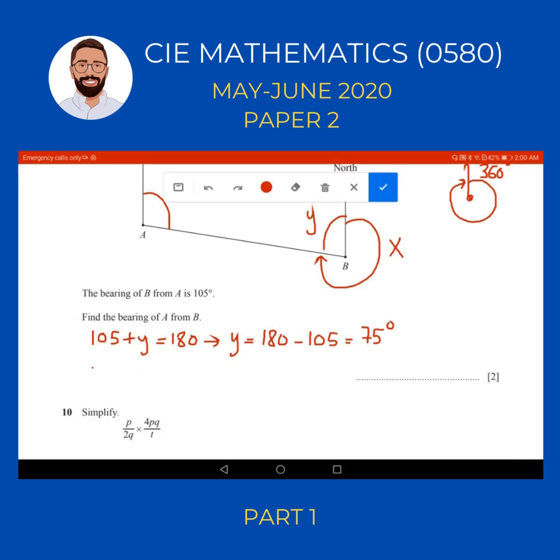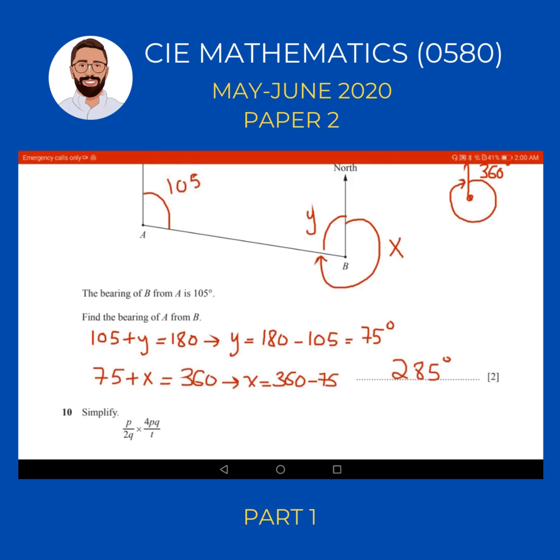So Y, which is 75, plus X, which is the bearing I'm finding, add up to 360 degrees. So X is 360 minus 75, which is equal to 285 degrees. So that's X, and X here is the bearing of A from B. So the correct answer is 285 degrees.